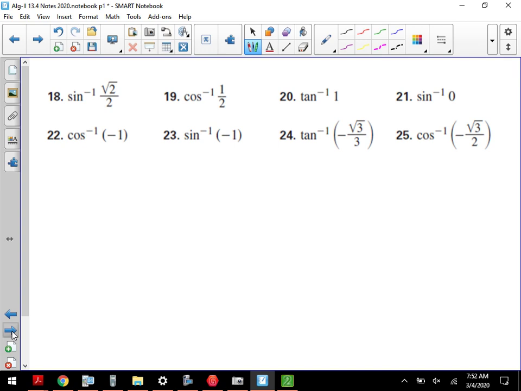The rules for inverse trig functions. Remember, you're searching for sine inverse between pi over 2 and negative pi over 2. You search cosine inverse from 0 to pi.